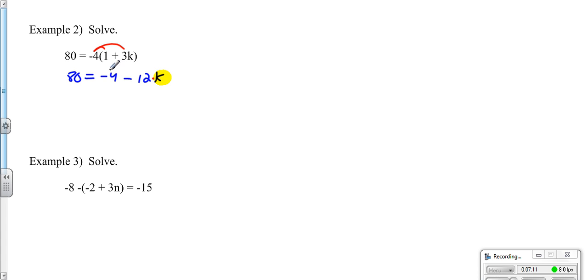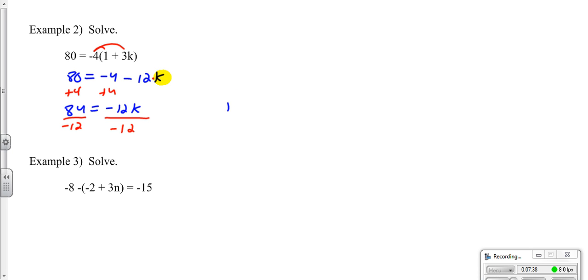We look to the sign in front of the number, in this case minus 4, so we're going to add 4 to undo it. Alright, that gives us 84 equals negative 12k. Now we can undo the multiplication by dividing by not just 12 but negative 12. We want to take it all with us.